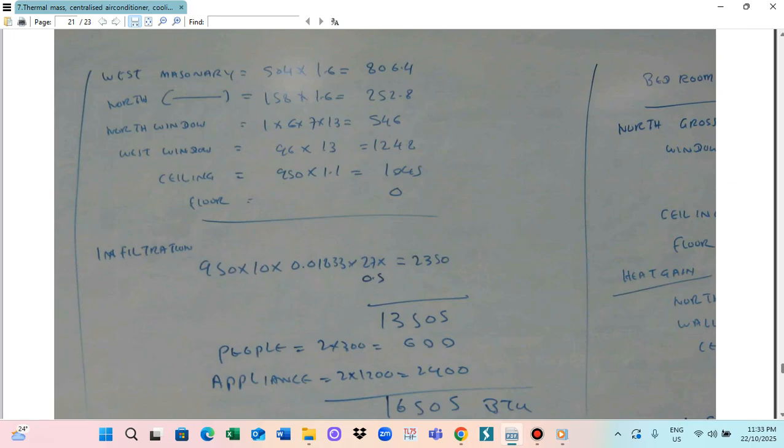So firstly we calculate for the west masonry. So masonry wall is 504 multiply 1 by 6. You got that 806.4. And this is north. Now also masonry. So this is 158 multiplied 1 by 6. You got that 252.8. And now window.